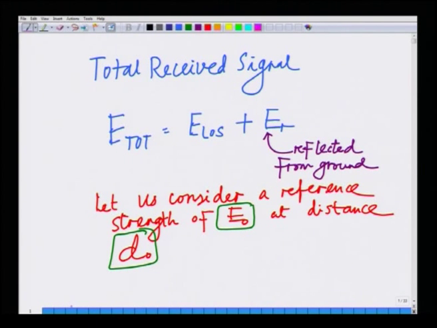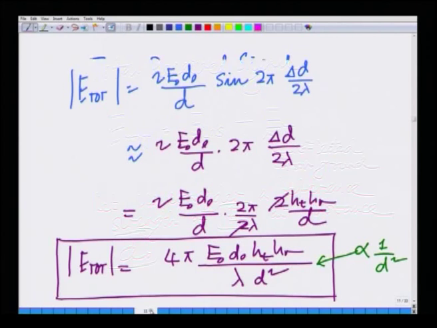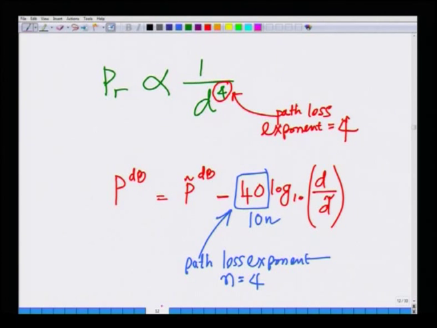Further, we said that in this ground reflection component, the received field strength is proportional to 1 over d square. Hence, the total received power is proportional to 1 over d to the power of 4, that is the power decays as the fourth power of distance.